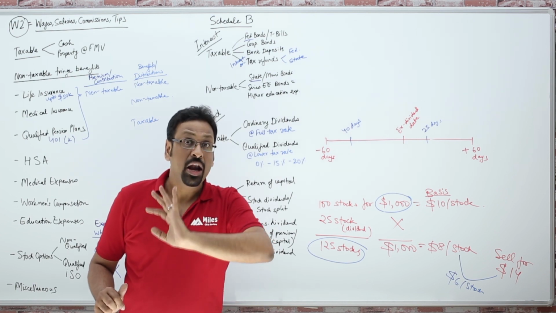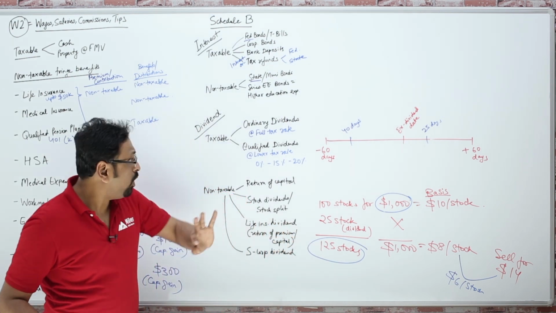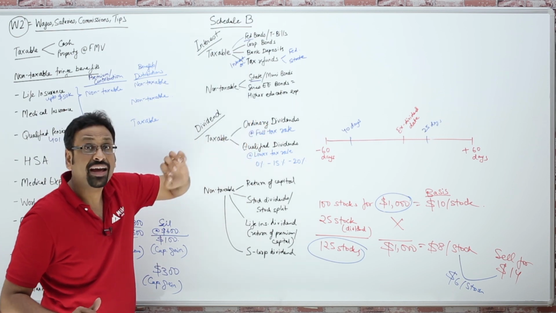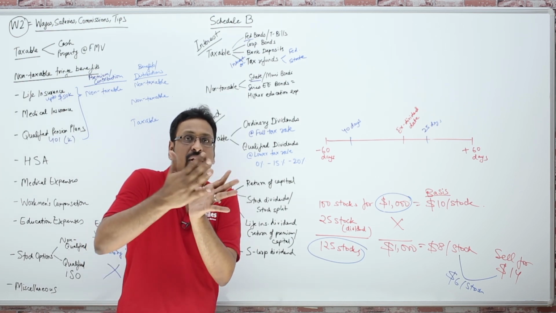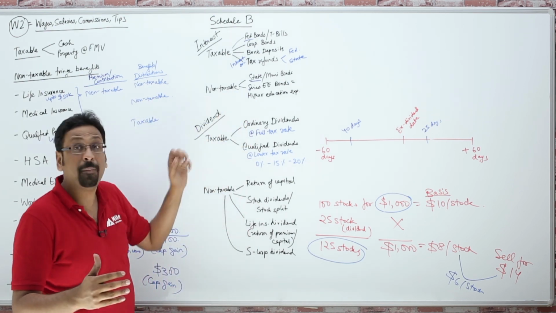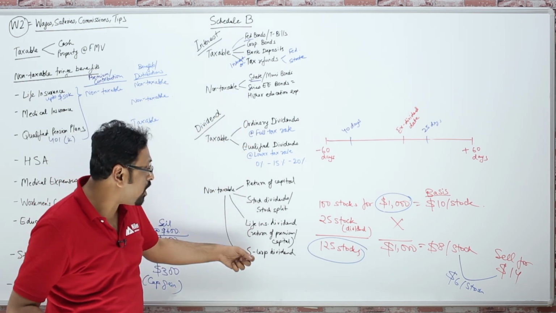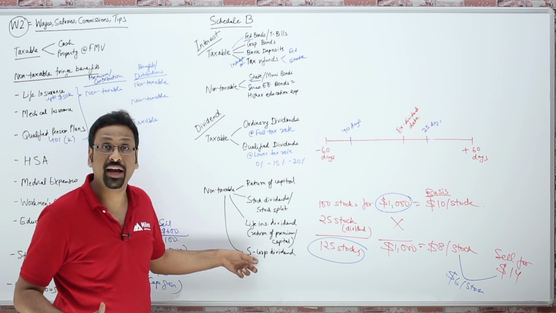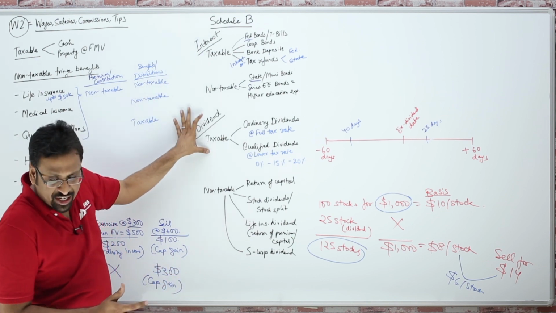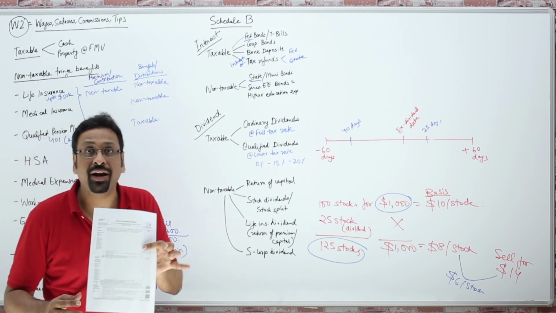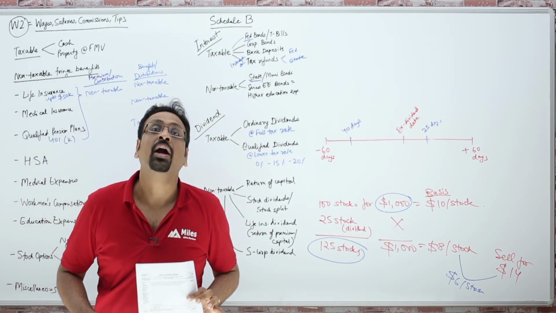That dividend is non-taxable. So all the taxable dividends that we're talking about here are C corporation dividends. And of course, we're going to spend a lot of time, Reg 3 through Reg 4, talking about C corps and S corps. But S corp dividends are non-taxable. So guys, that's about interest and dividends, which are included on Schedule B to form 1040.